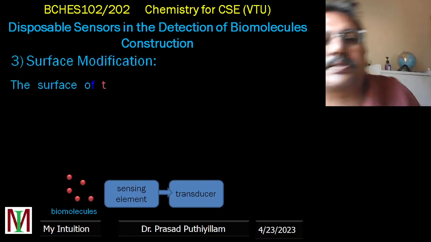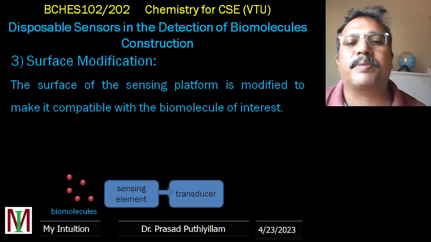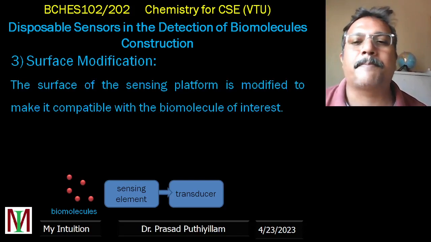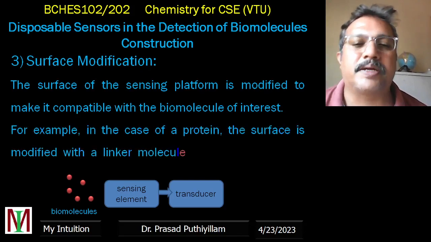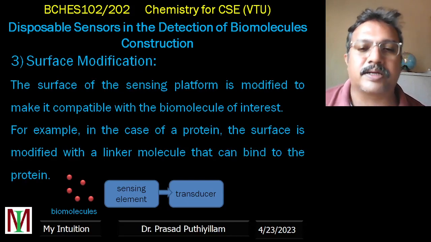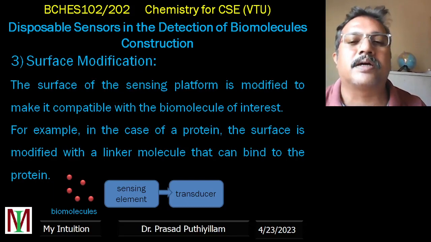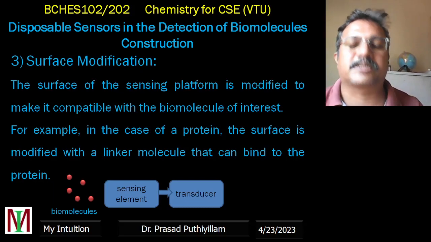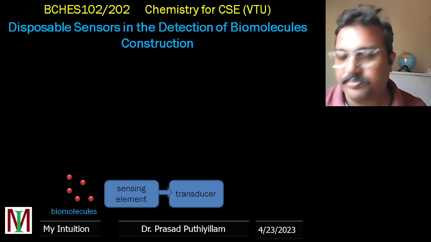Surface modifications: the surface of the sensing platform is modified to make it compatible with the biomolecule of interest. That means there will be some addition of biolinkers or linker molecules, or other functionalized molecules, so functional groups are added, so that detection will be very easy.